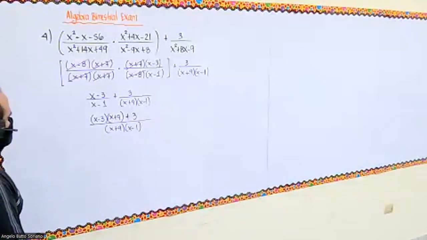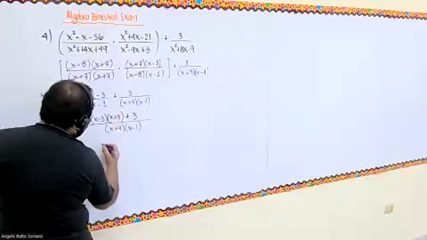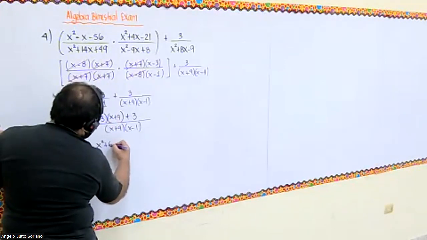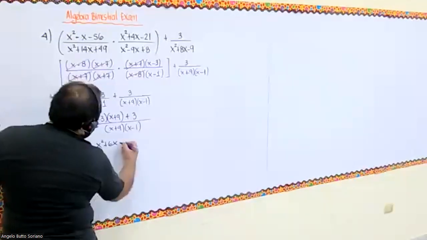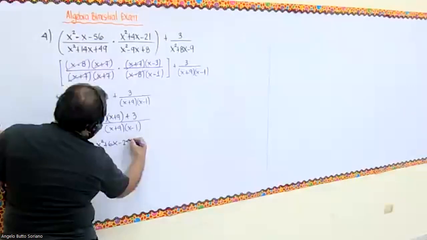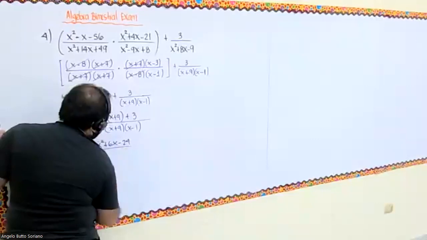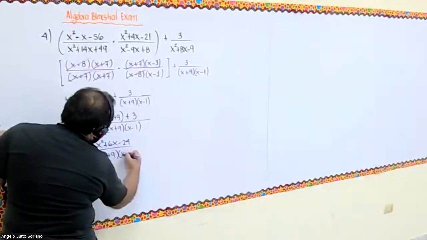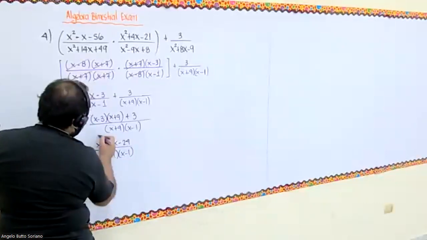Okay, and at the end, we can apply the distributive property. We get x squared plus 6x minus 27 plus 3, which is negative 24, divided by x plus 9, x minus 1.